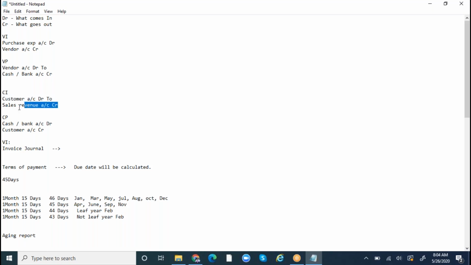Then sales revenue account credit, the opposite entry, it's a revenue account. And whenever you have received money, your cash balance or bank balance is increasing. So that is debit.